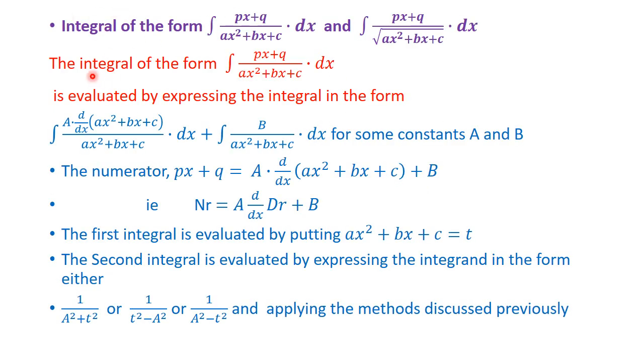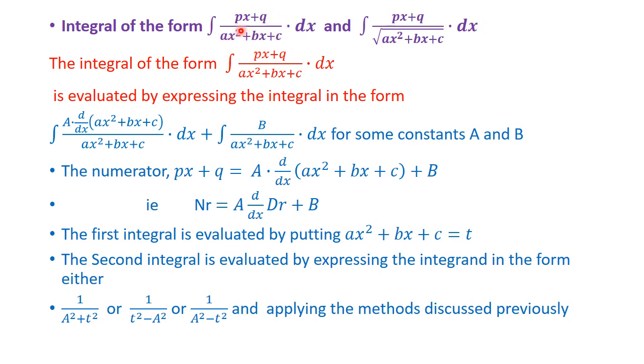Now here we have another form of integral, that is integration of (px plus q) by (ax square plus bx plus c). Now this is the rational form, but here in the numerator we have a linear function and in the denominator a quadratic function.